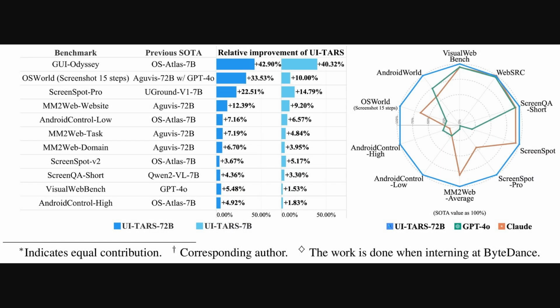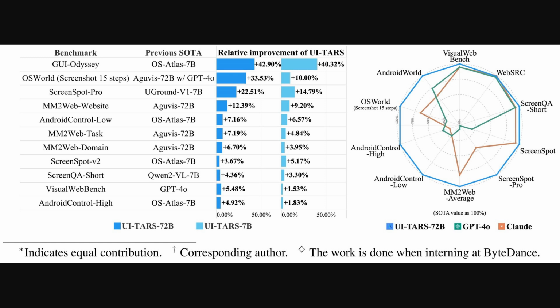Okay, so the researchers included this figure 1, to really show us how UI-TARS stacks up. Remember I mentioned it outperforms other models? Well, this figure visualizes that. On the left side, you see these bar charts showing the relative improvement of UI-TARS, both the 7B and 72B versions, over the previous best models, this state-of-the-art, across a whole list of benchmarks.